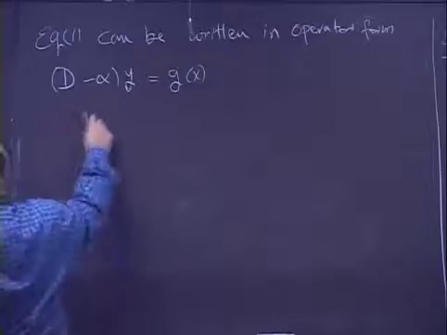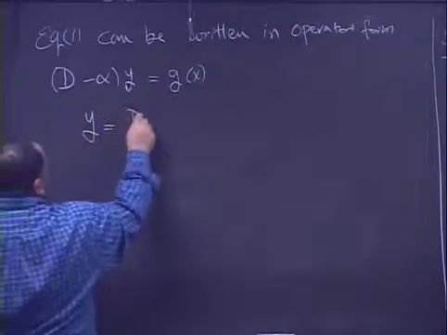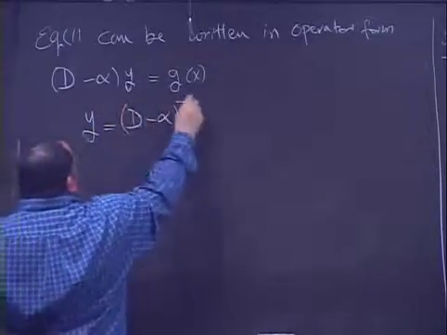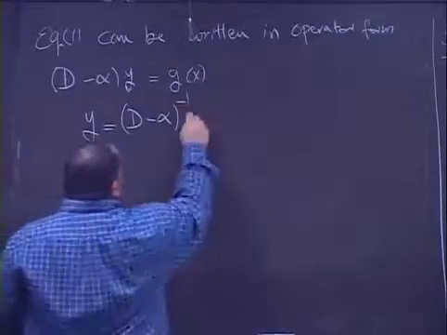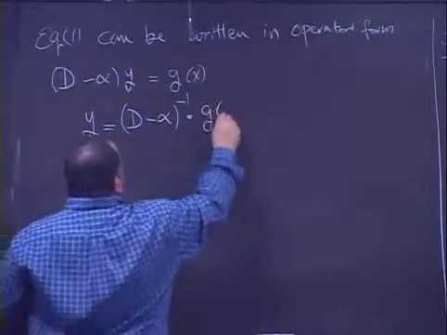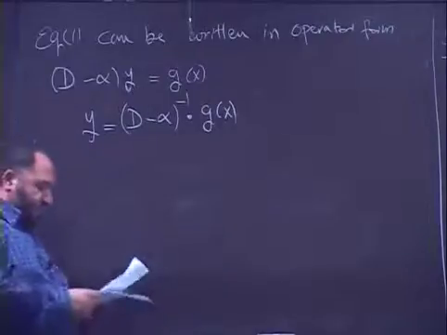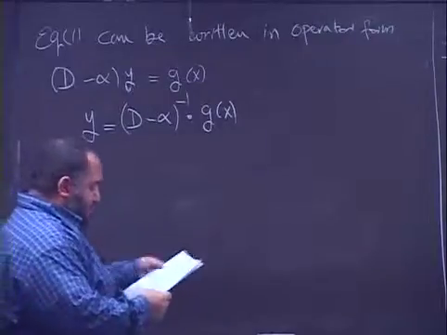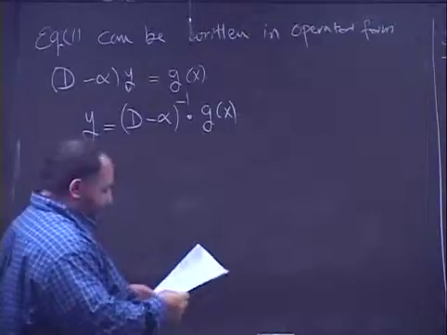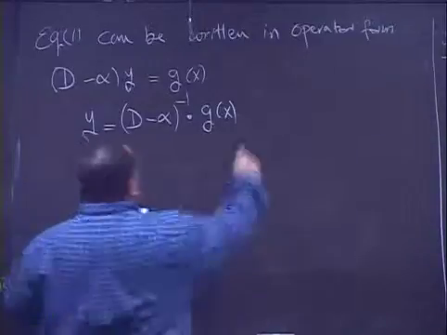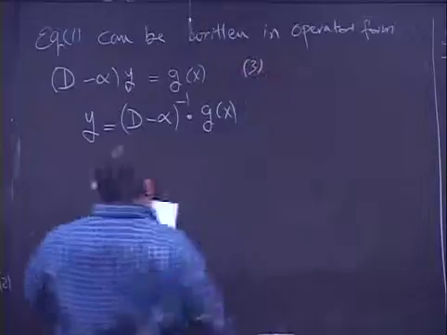So what's y? y equals (D minus alpha) to the power of minus 1 operated over g of x. Okay guys, I will call this number 3.